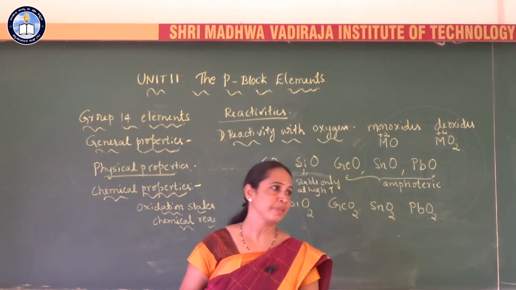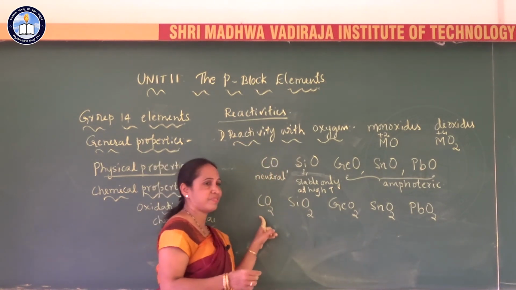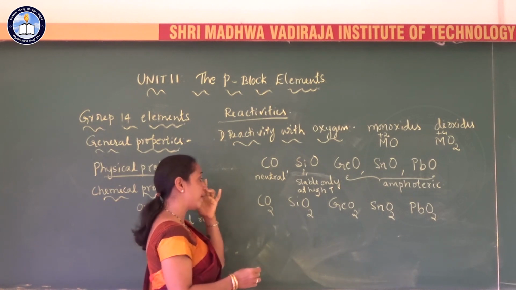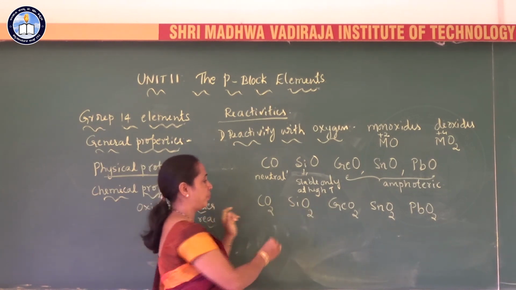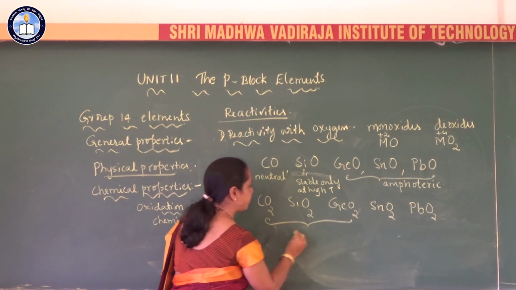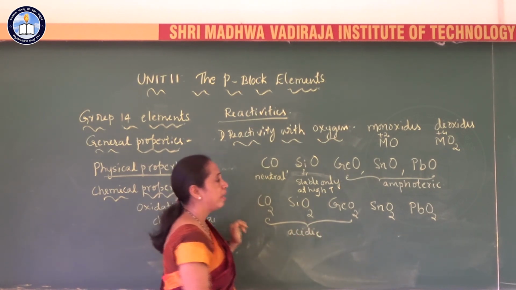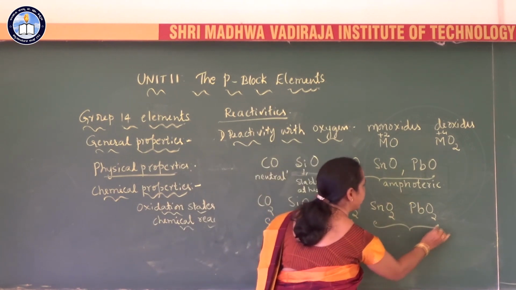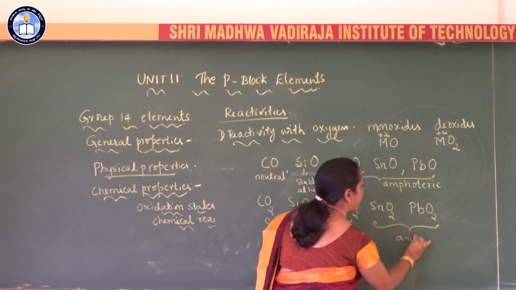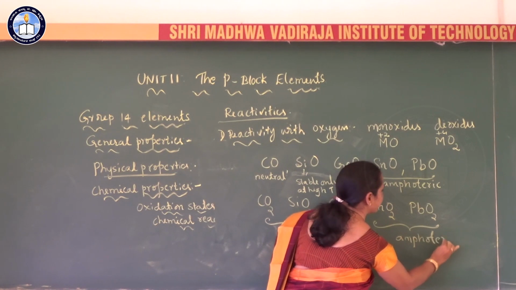If we move to dioxides, CO2, SiO2 and GeO2, these three dioxides are found to be acidic, and the remaining two dioxides are found to be amphoteric.